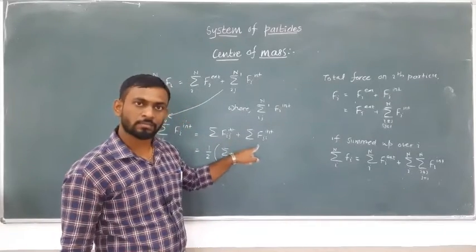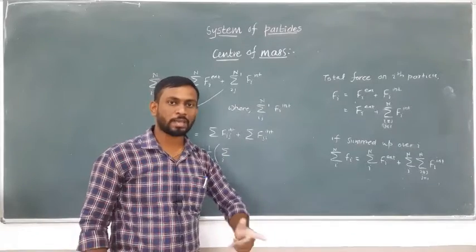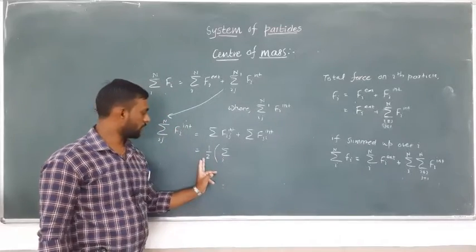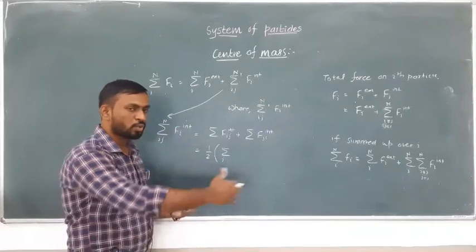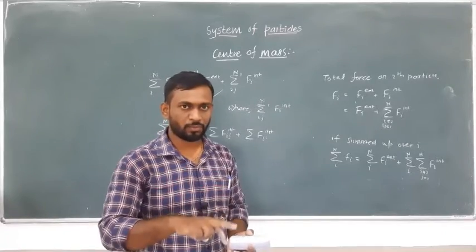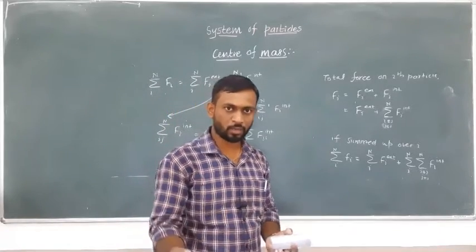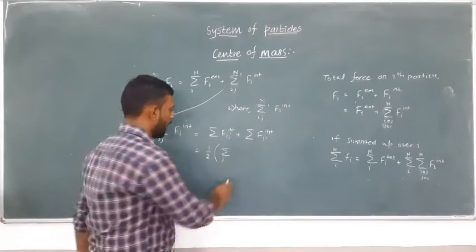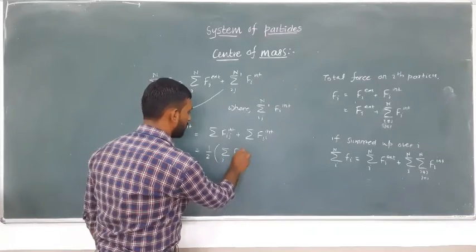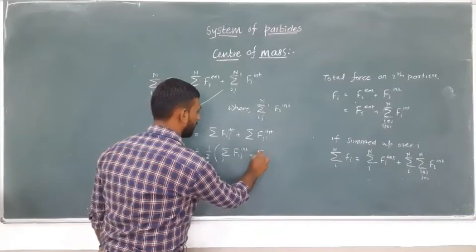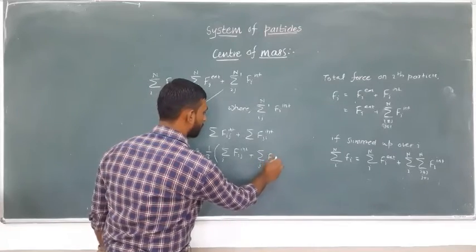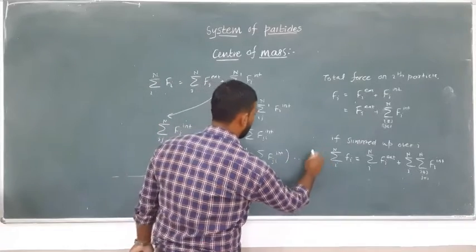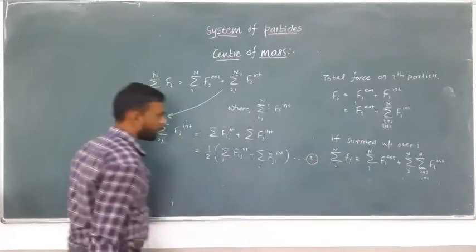Fij and Fji are the same, so each gets counted 2 times. To avoid that, I multiply by a half so that the common 2 cancels out. So F12 and F21, F23 and F32: those repeated terms are eliminated. That's why I put this half here. So half of the summation of Fij internal plus the summation over j of Fji internal. Let's call this equation number 5.